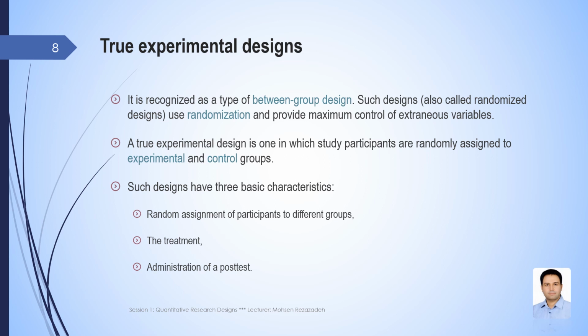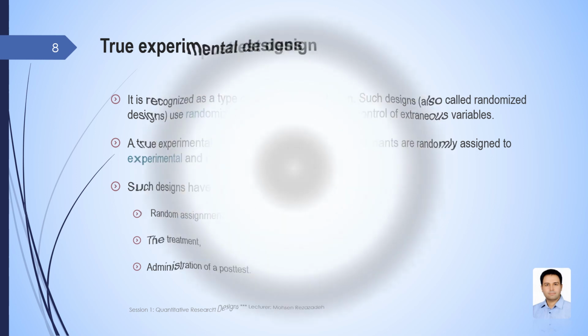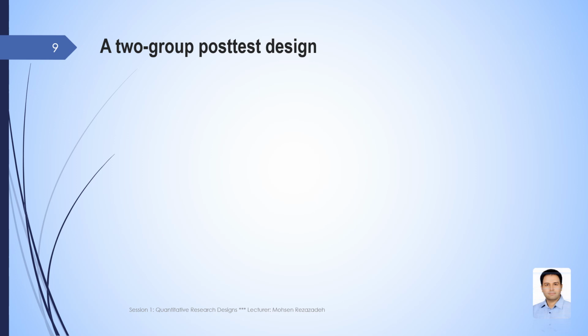These three characteristics allow us to avoid almost all the problems associated with internal and external validity in true experimental designs. There are indeed many true experimental designs, but the two most common of them are a two-group post-test-only design and a two-group pretest and post-test design. We will discuss these two designs here.